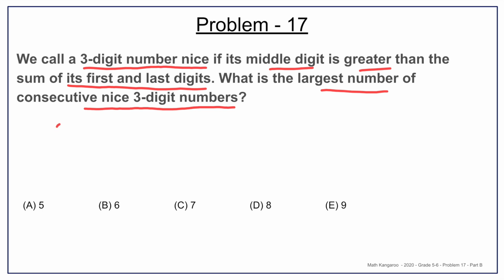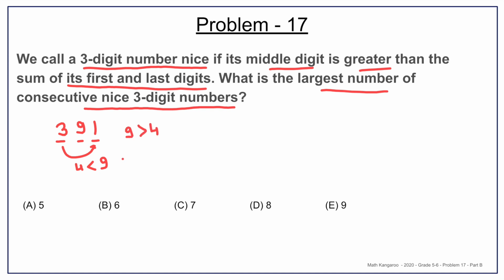Consider 391. The first digit is 3, the middle digit is 9, and the last digit is 1. If it is nice, that means 3 plus 1, which is 4, must be less than the middle digit, or the middle digit should be greater than 4.